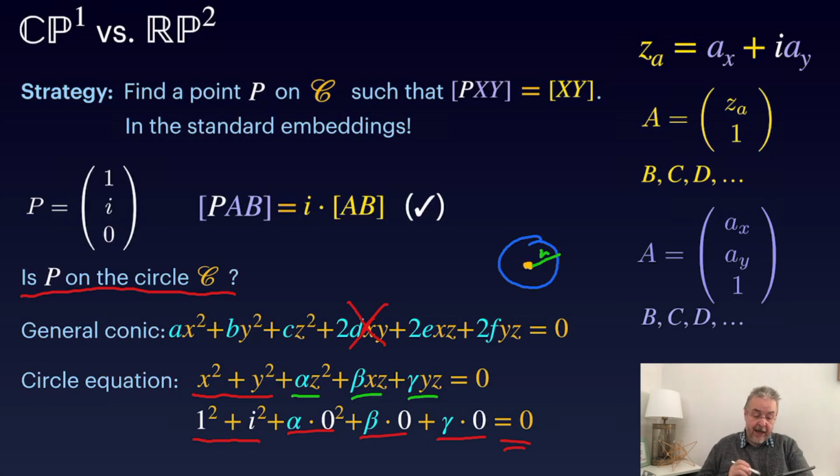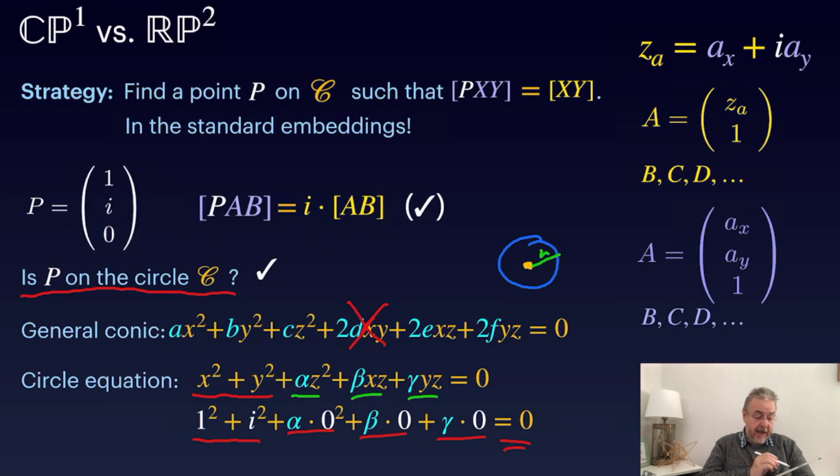So we can say this point P lies on any circle. This is a kind of amazing thing. We didn't put in any parameters of our circle equation here. We just took one point with fixed coordinates, and we found out this point really lies on an arbitrary circle. So all circles pass through that point.